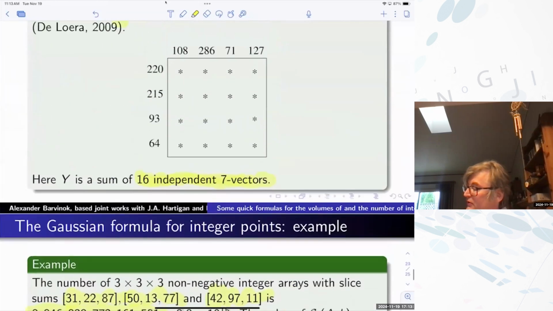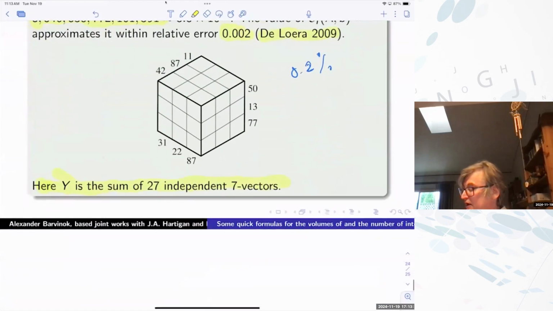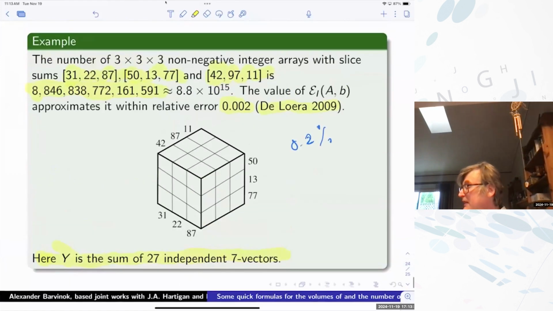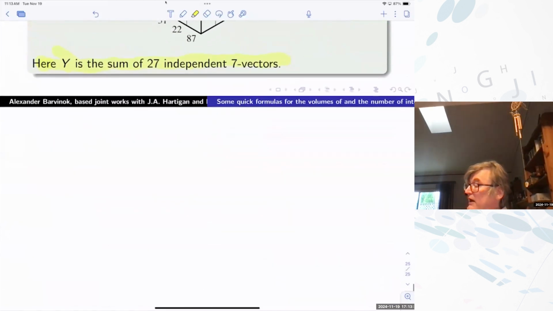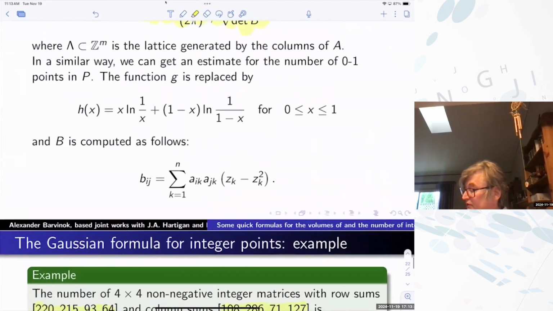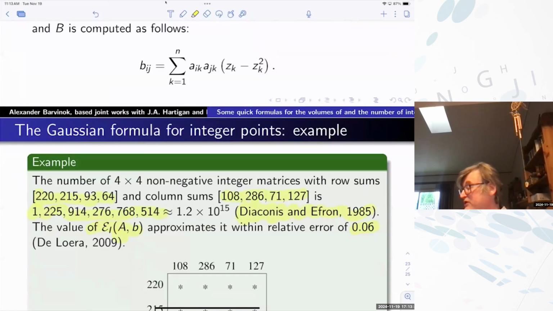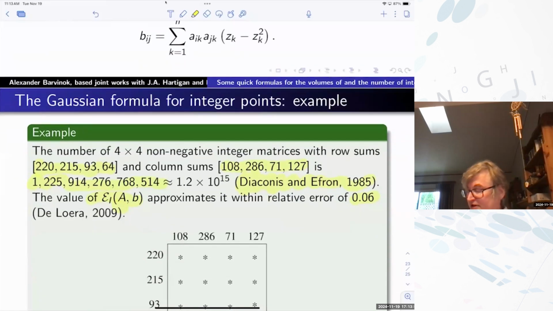Because there we sum up 16 random vectors, and here we sum up 27. So it should be closer to the Gaussian, and indeed it is. So that gives you 0.2%. And that's pretty much what I wanted to say. I hope Darshik would have liked it. He probably didn't see it, but thank you.